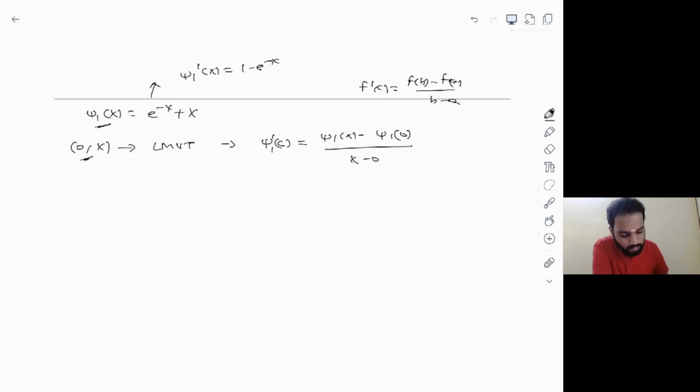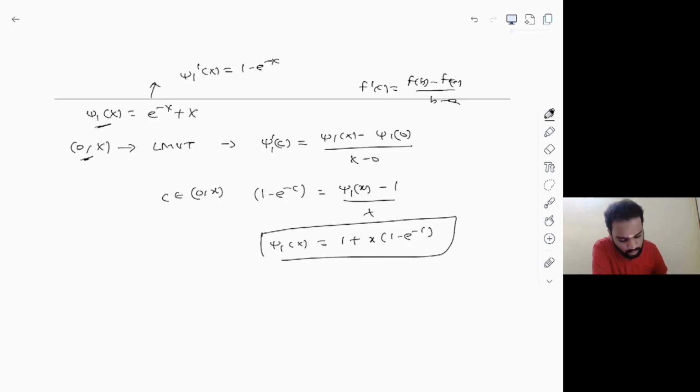So the left hand side will be 1 minus e to the power of minus c, where c clearly belongs to 0 to x, and this is equal to psi 1 of x minus psi 1 of 0, which is clearly 1, and the whole divided by x. If you cross multiply and take this 1 to the left hand side, what we get is psi 1 of x is equal to 1 plus x into 1 minus e to the power of minus c.